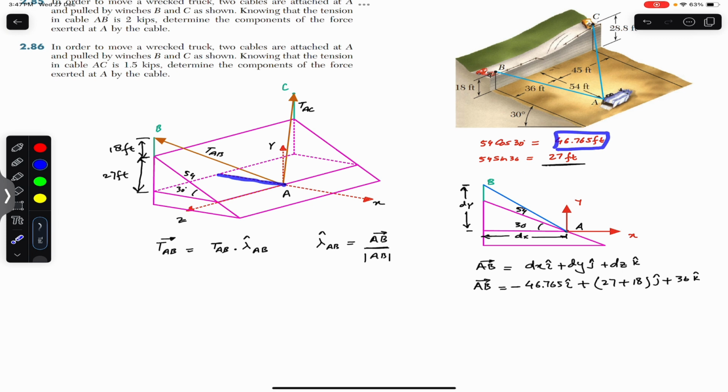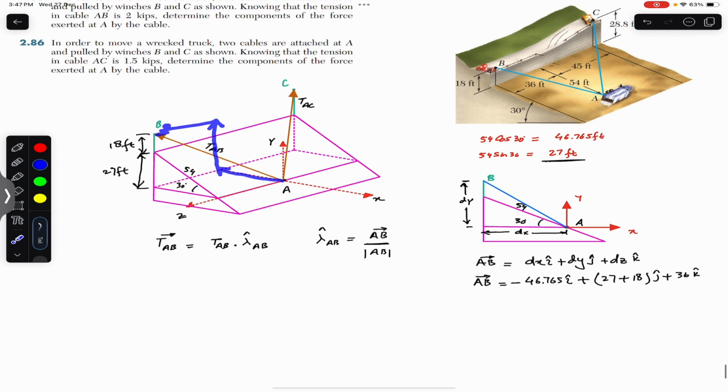First we need to travel this distance in the negative x, so we have 46.765 in the negative i. Then we need to travel this distance parallel to the y-axis in the positive j, and then this distance in the positive z. So this is minus, this is plus, and this is plus.